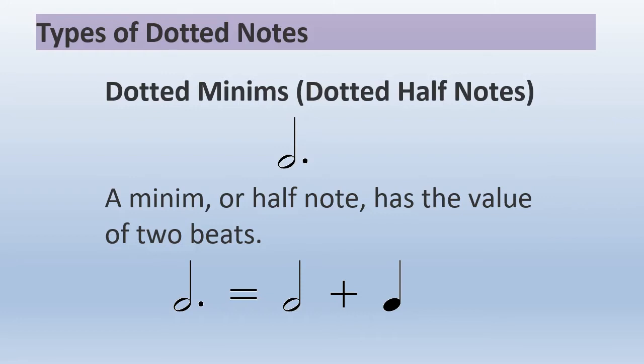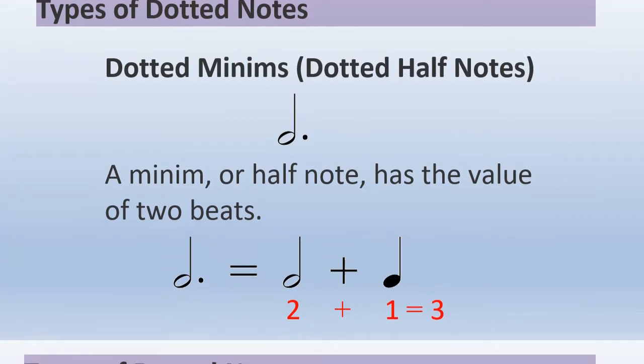We need two crotchets to make a minim. So a dotted minim is a minim plus a crotchet, and the total beats will be 2 plus 1, which gives us 3.